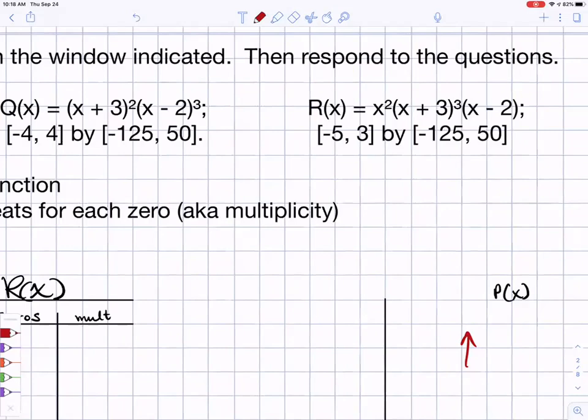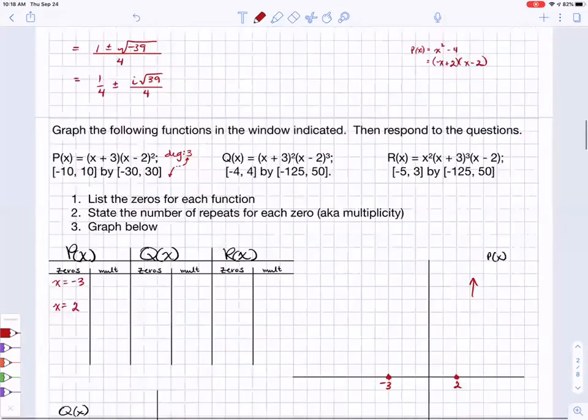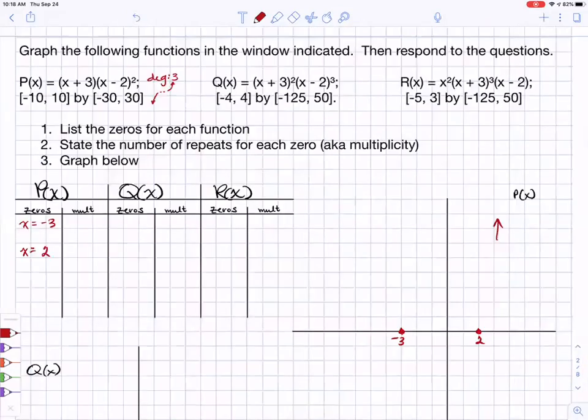So Justin, you're working with Q of x. Then I want Devin and Abigail and Sierra and Becca to work on R of x, and do all of the same things that we just did to P of x. So you're looking at finding the zeros, putting them on the graph, thinking of the degree, thinking of the end behavior, basically those 4 things.